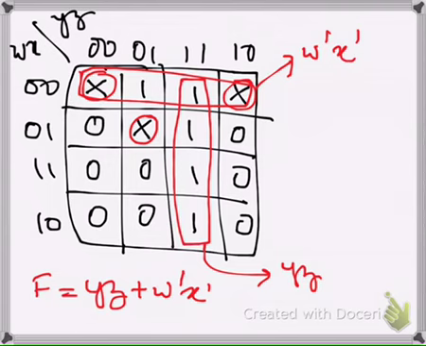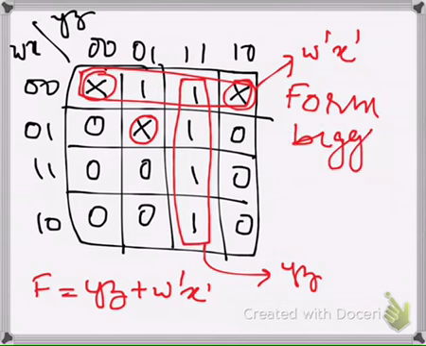We can ignore this x. We will only use those x which will help us to form a bigger group. And if any x is left behind, it is not any problem, so we can keep it as it is. So with the help of the don't care condition, we can see that we have minimized the function f to this.